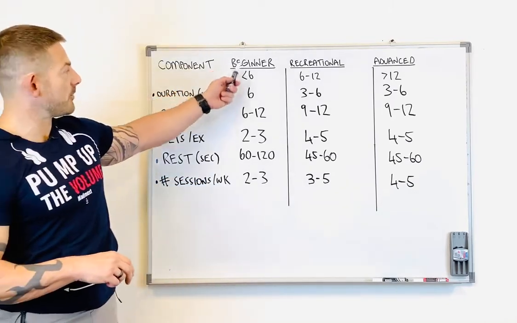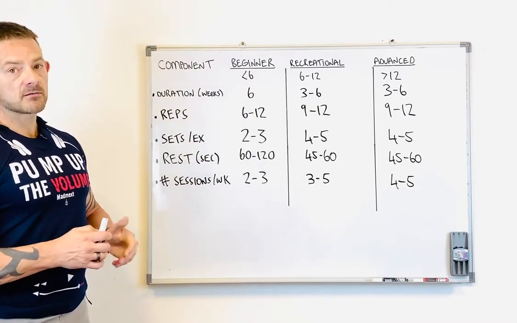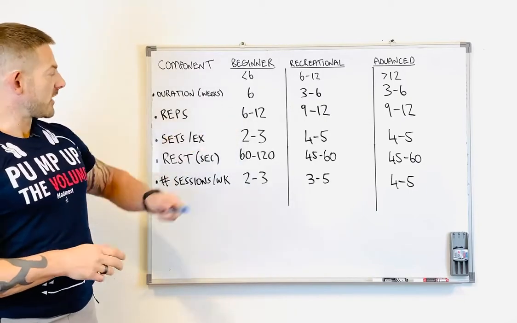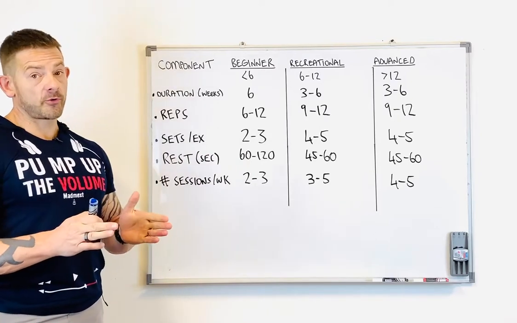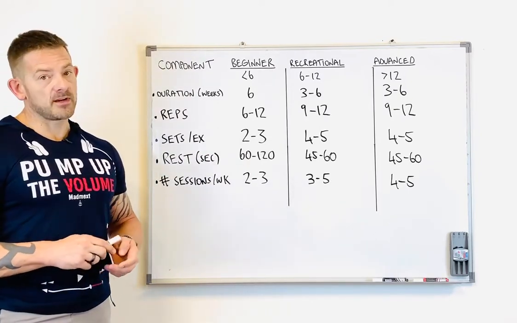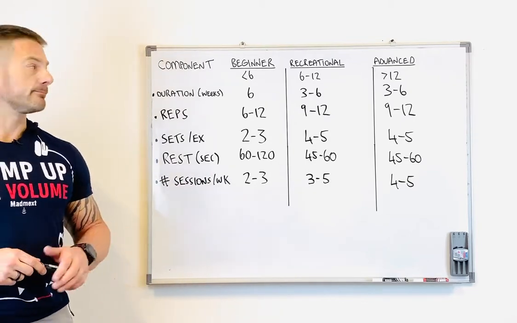So we'll start with our beginner. The duration of the training phase, 6 weeks. Okay. Repetitions between 6 and 12, sets per exercise, 2 to 3. Rest periods, 1 to 2 minutes. And the number of sessions per week, 2 to 3.